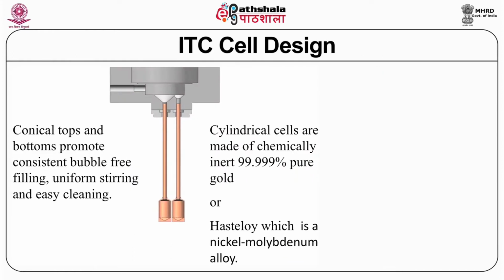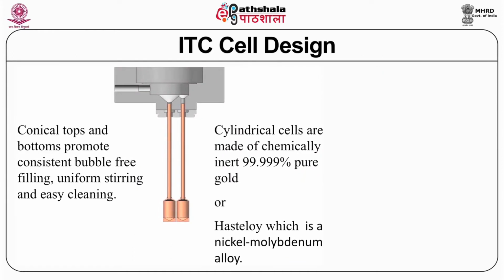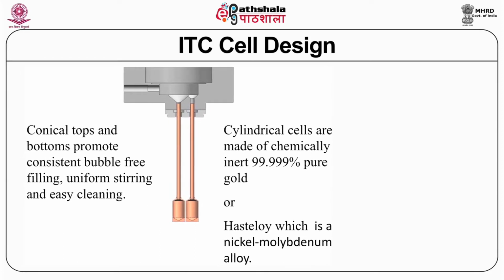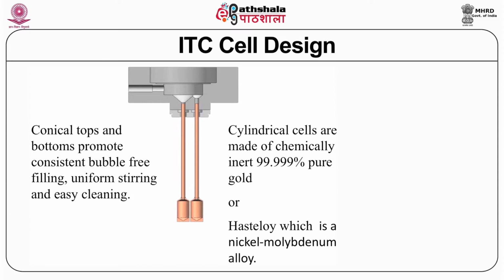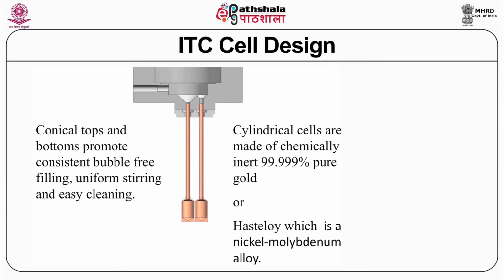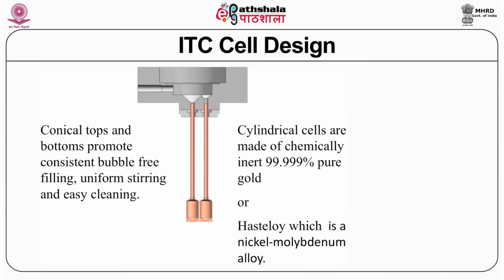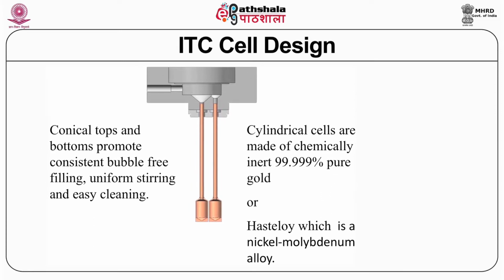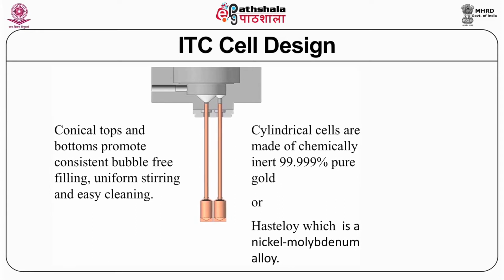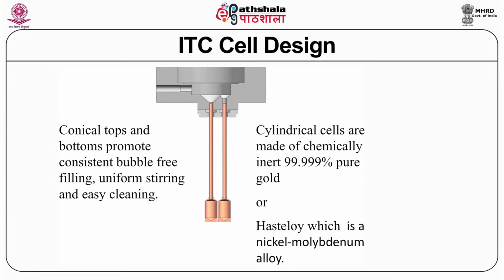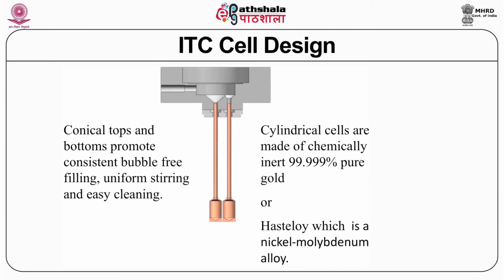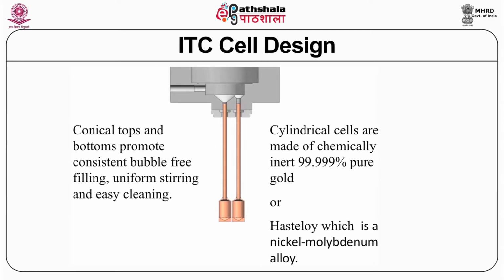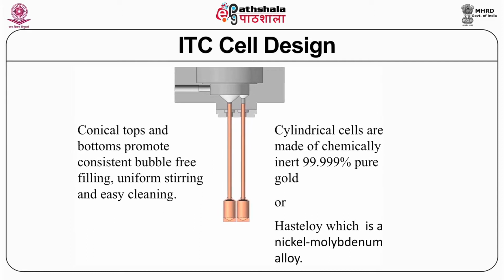This is how the ITC cell design looks. The conical tops and bottoms promote constant bubble-free filling, uniform stirring and easy cleaning. These are the three critical things: there should be no bubbles, stirring should be uniform, and it has to be clean. The whole solution should be uniform, because you are measuring the temperature with the thermocouple inside, and no previous sample should be left over, which gives a lot of errors.